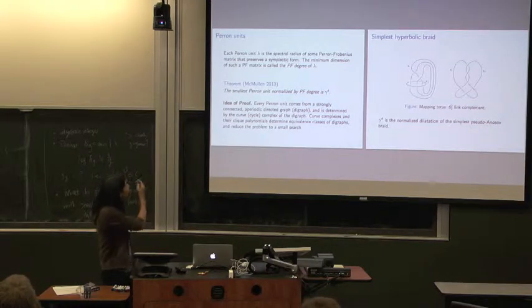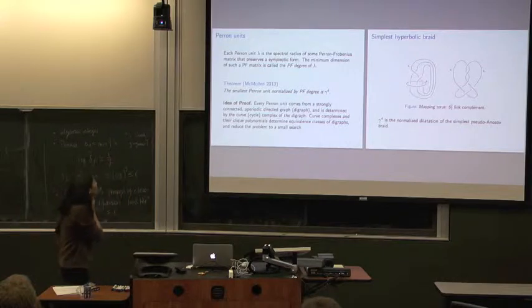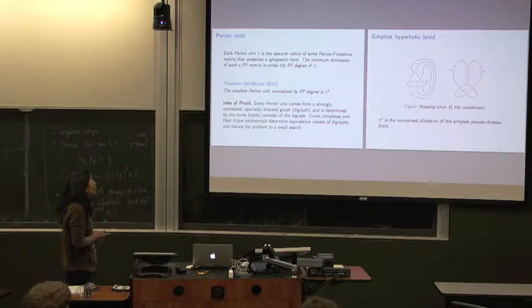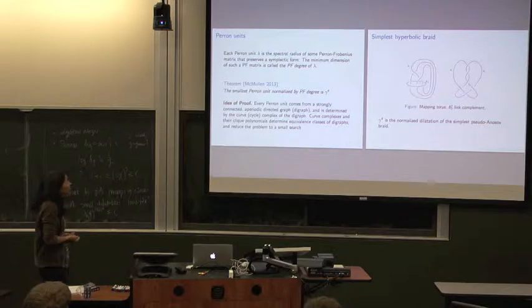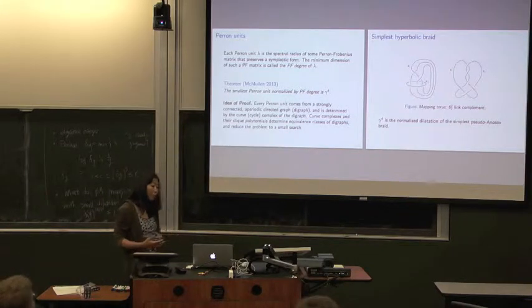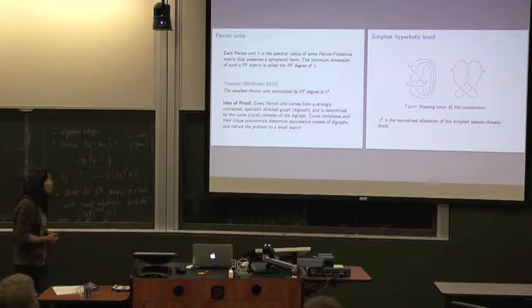The other piece of evidence I talked to you about is Perron units. A Perron unit is an algebraic integer which is the spectral radius of some Perron-Frobenius matrix that preserves a symplectic form. Those kinds of matrices come up when you're studying pseudo-Anosov mapping classes.